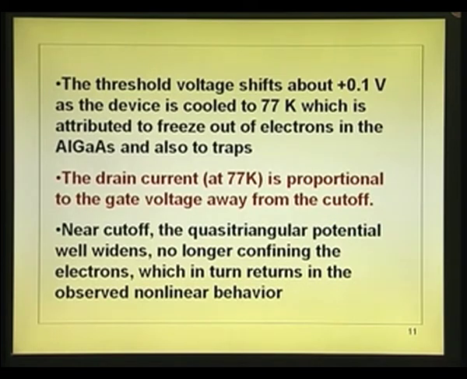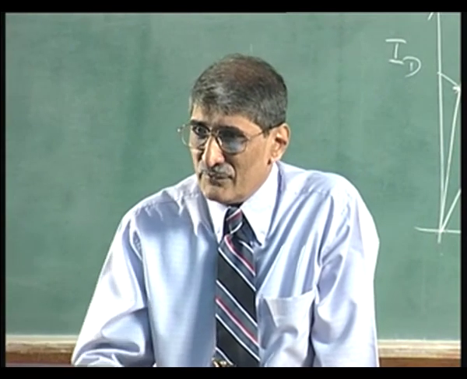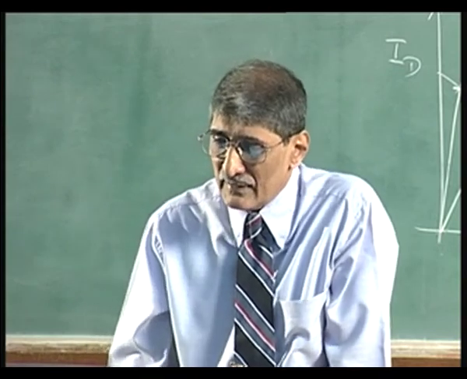Other thing that you can see is the threshold voltage shift is not only due to the defects, it is also due to some carrier freeze out in the gas layer. The carriers are frozen out, they are not available for transfer onto the two dimensional gas.